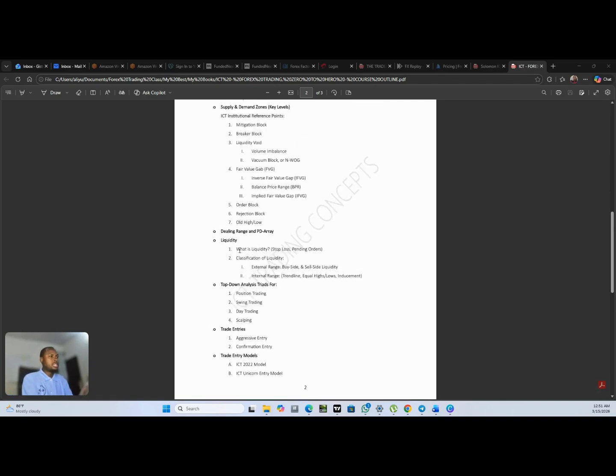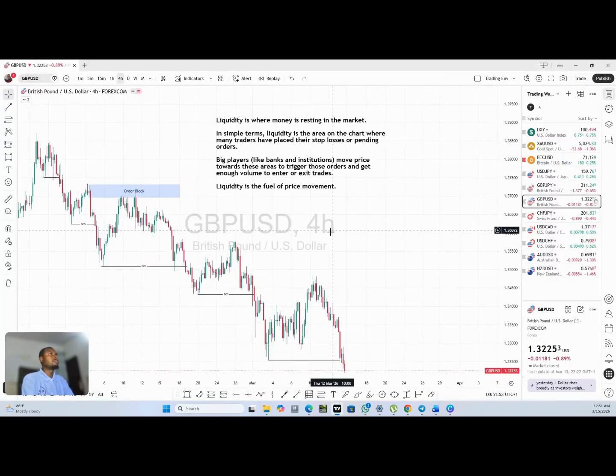So let me start with what is this liquidity that I'm talking about. Liquidity is where money is resting in the market. In simple terms, liquidity is the area on the chart where many traders have placed their stop losses.